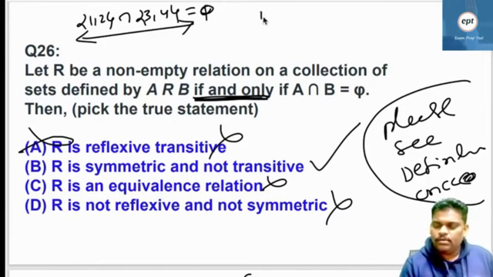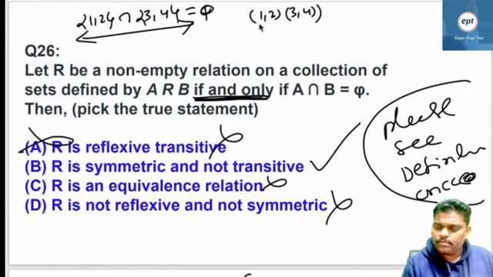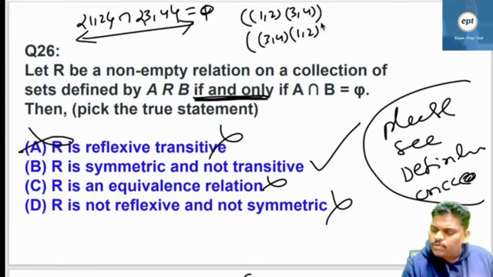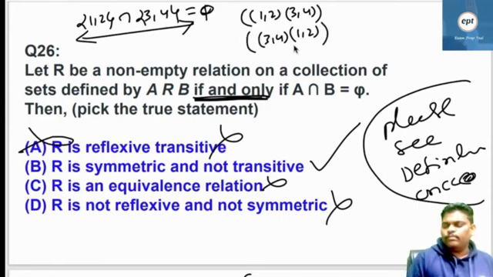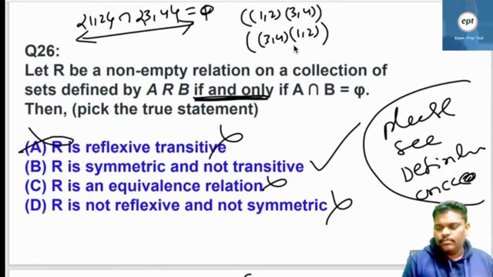So like this, {1,2},{3,4} is one element of the relation, because every pair is available. {3,4},{1,2} is also available. Every pair which satisfies that condition is available.